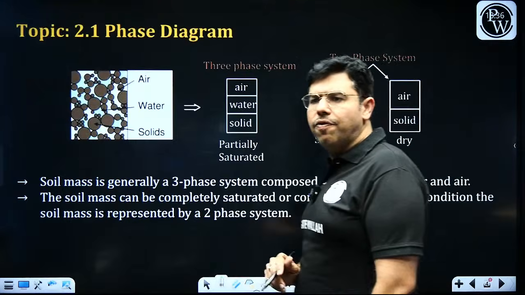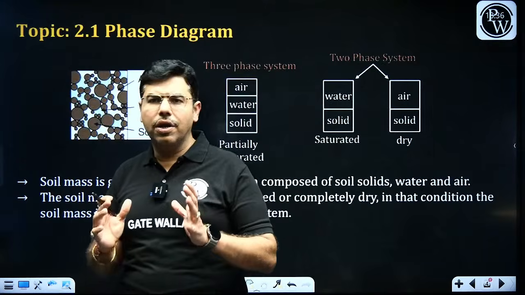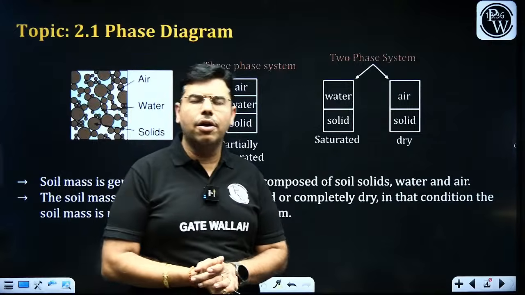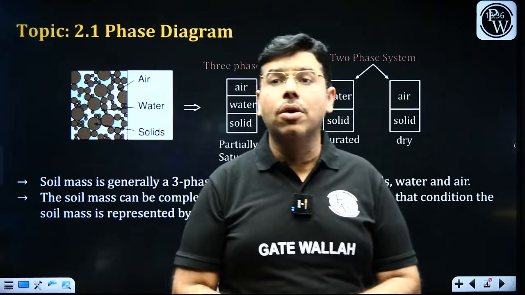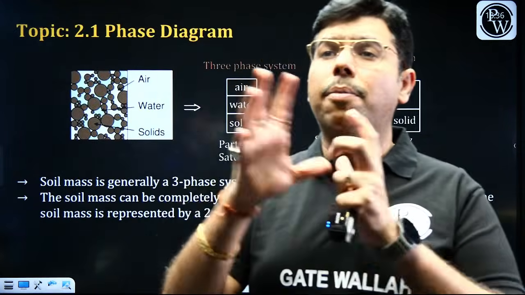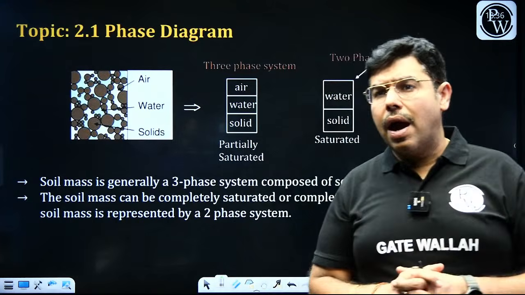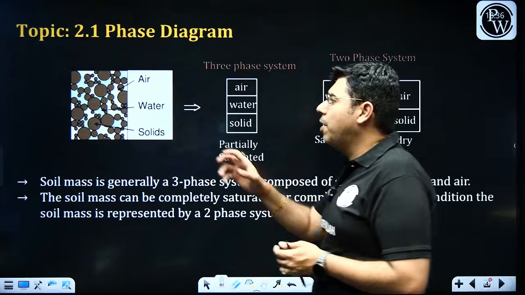So if you take a soil sample, what do you find? What will you find in the soil sample? You will see certain randomly packed solids, and between these solids there would be void spaces.